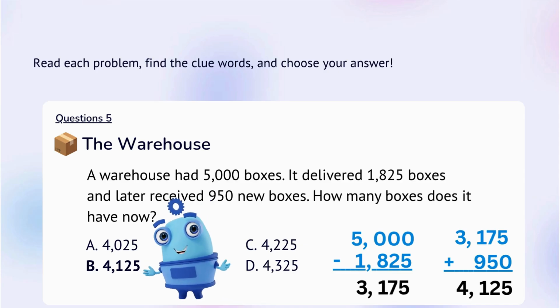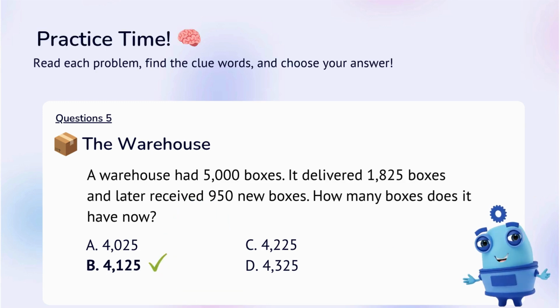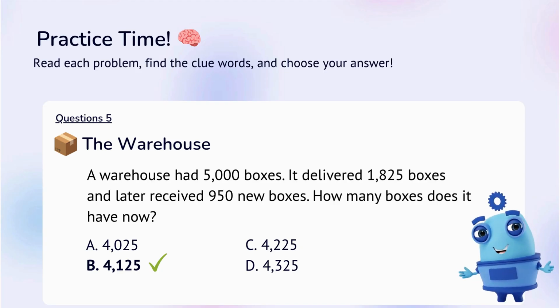Then add 950. 3,175 plus 950 equals 4,125. So the correct answer is letter B, 4,125. Great job! Remember, clue words help you decide which operation to use.